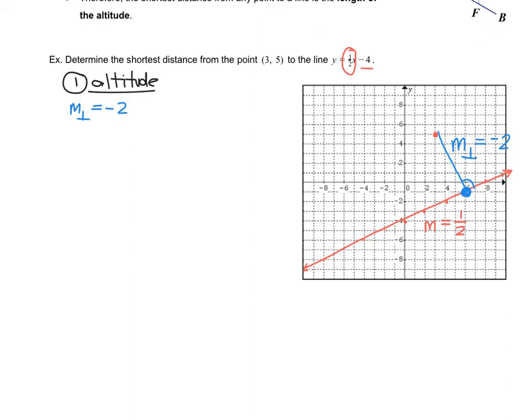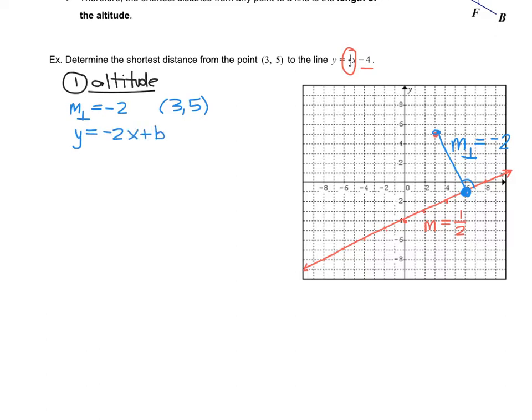Now the only other point that I know that belongs on the altitude is the point that's given to me, this 3, 5. So now I have the slope of my altitude and I have a point, so I'm just going to do that y equals mx plus b process. So I'm going to plug in my slope, so -2x plus b.